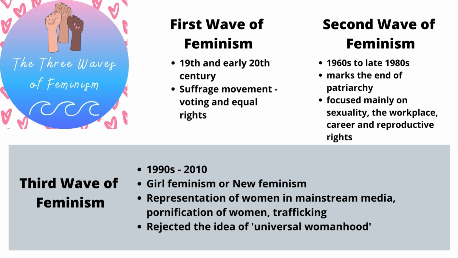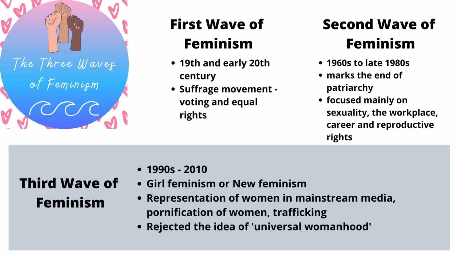They also dealt with sexuality, workplace, family, marital rape, domestic violence, and reproductive rights. These were the main concerns of the second wave. The second wave criticized the male-dominated cultural practices in society.